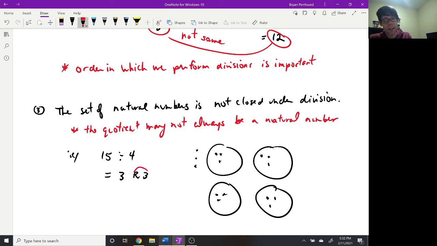If I ever get a remainder that's not 0, that means that we don't have a natural number. 15 divided by 4 is not a natural number. It's 3 point something, in this case 3.75 if we were to do this division on our calculator.